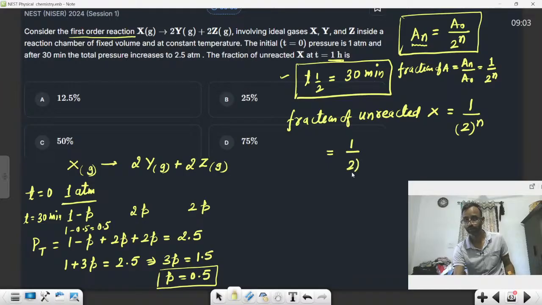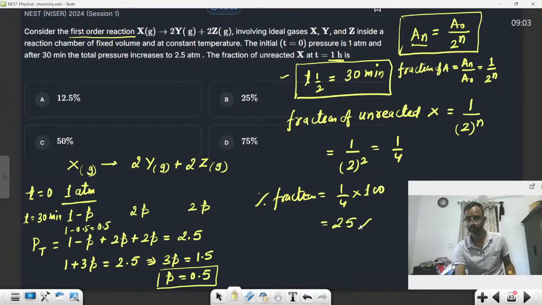So it is 2 raised to power 2. That is 1 by 4. So in percentage, it is 1 by 4 into 100. That is 25%. So option B is correct.